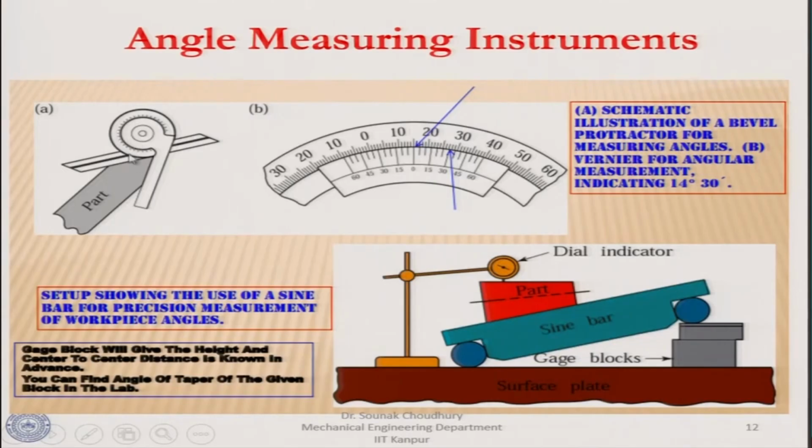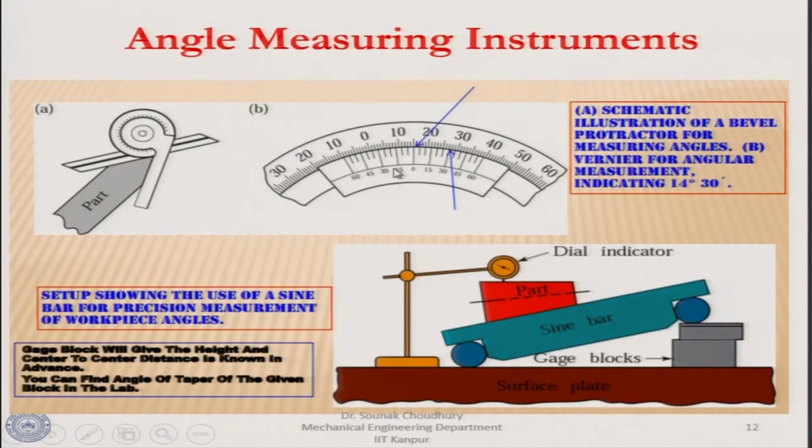Here it is shown in more detail: there is a vernier scale and a main scale, and you can more accurately find out the dimension depending on the least count of the vernier scale.